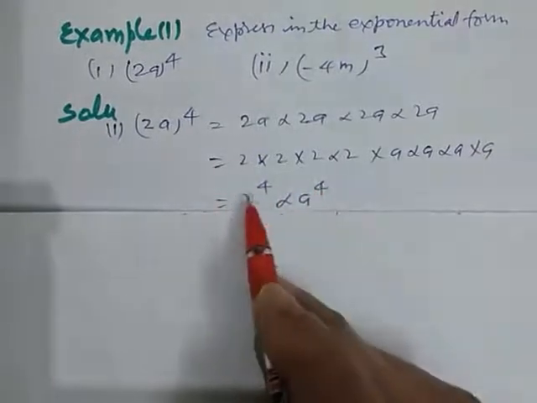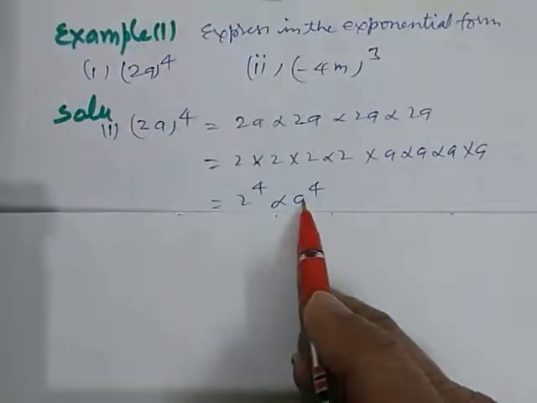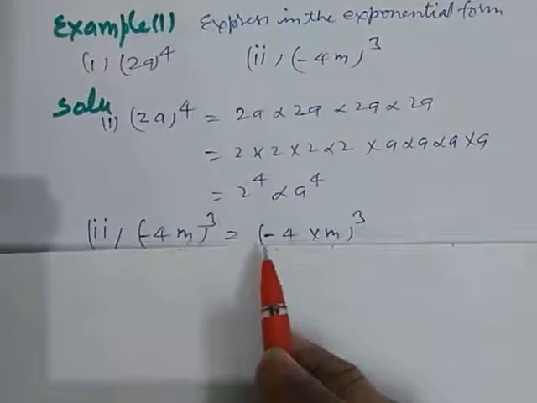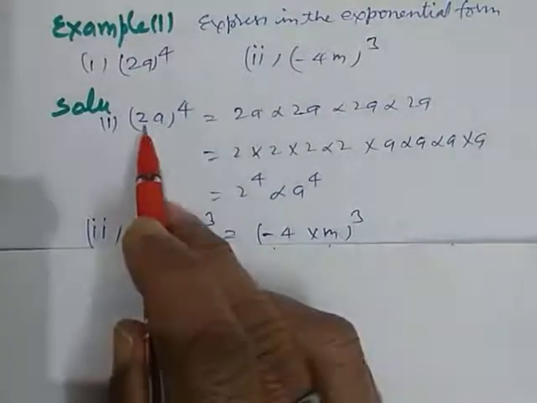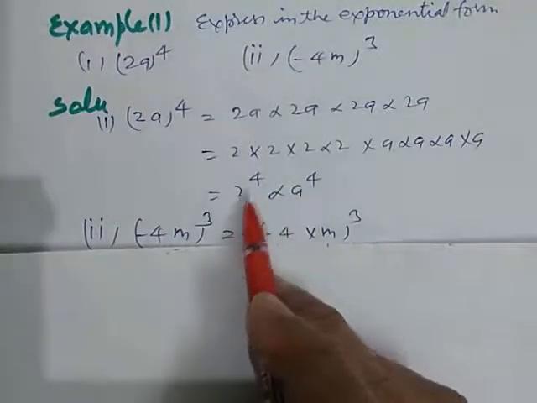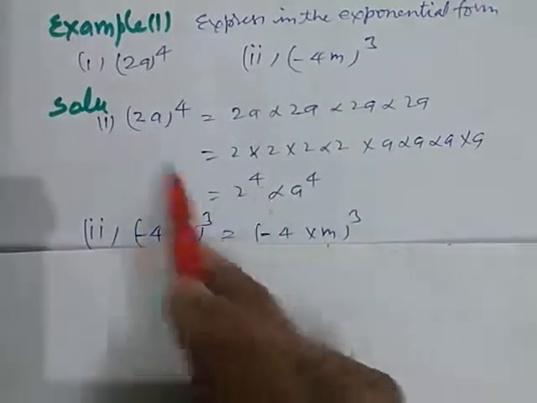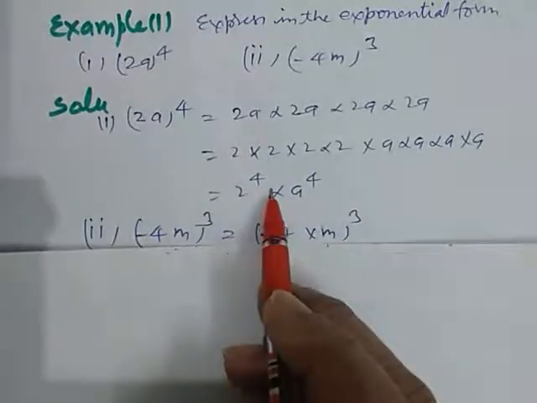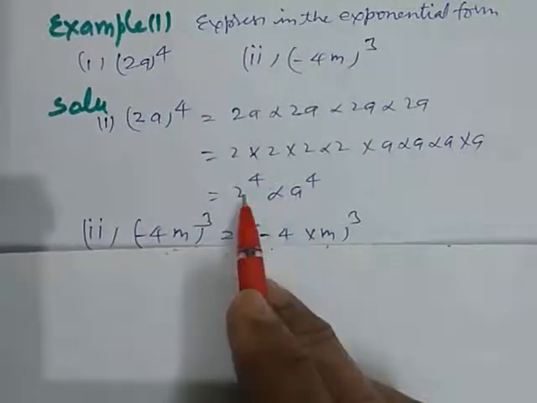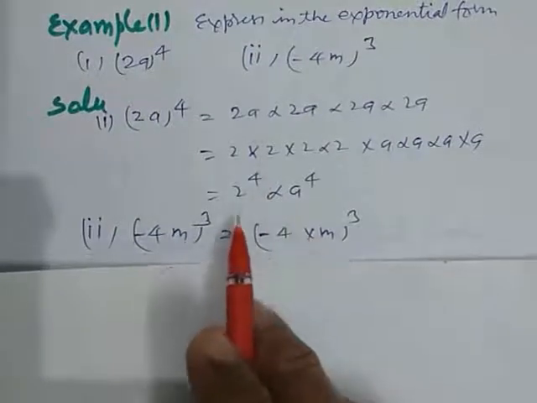So according to the law we learned just before, these bases are multiplied and the exponents are the same. So this is the converse of this. If we multiply this and put the power the same, we get this. But this is the converse of this. That is, if we open this, we get this, and if we combine this, we get this. So remember this thing. This is the exponential form.